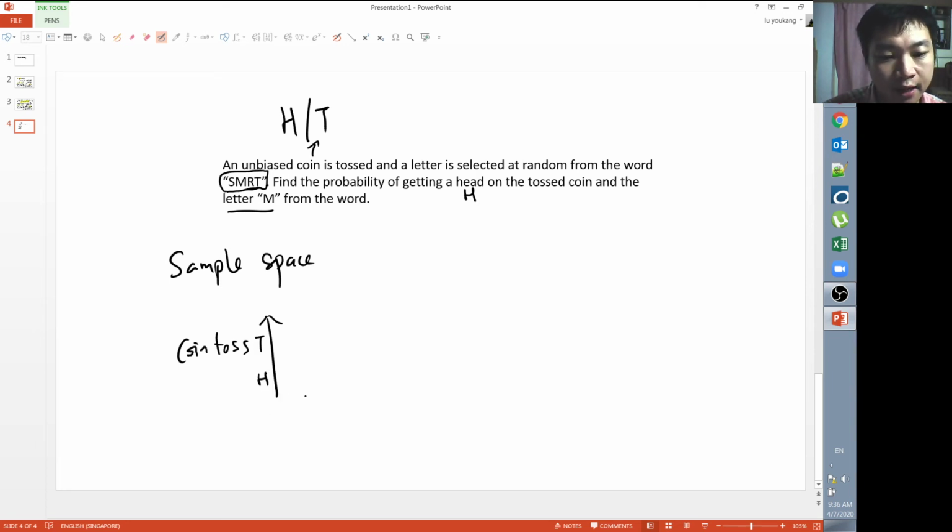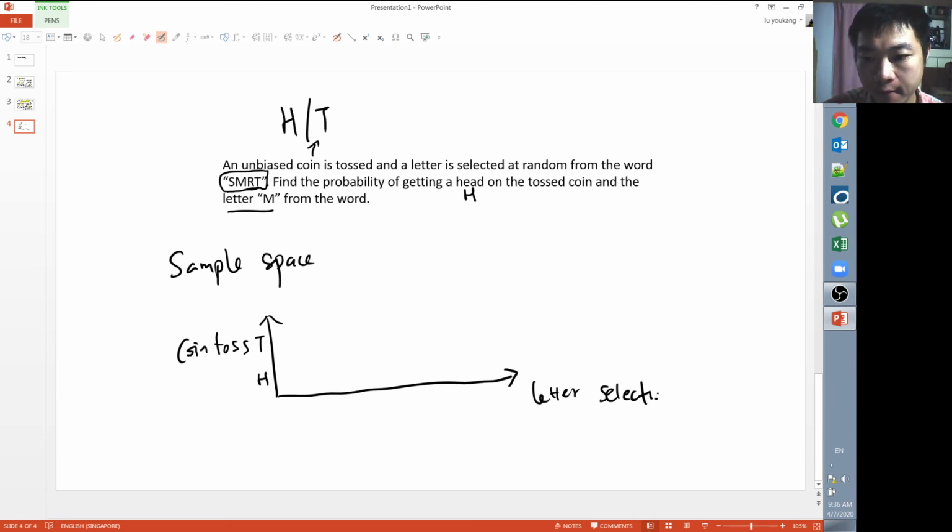And you also have the selection of a letter from the word SMRT. So over here is the letter selection, and the word is SMRT.